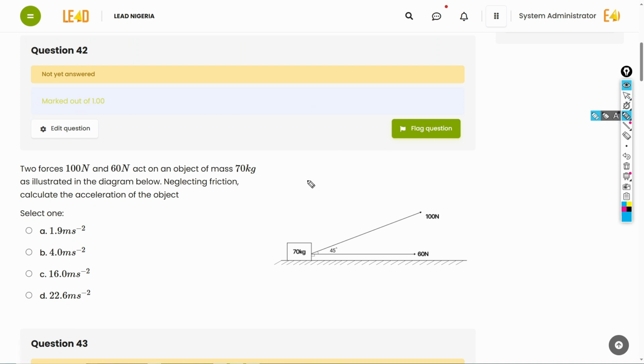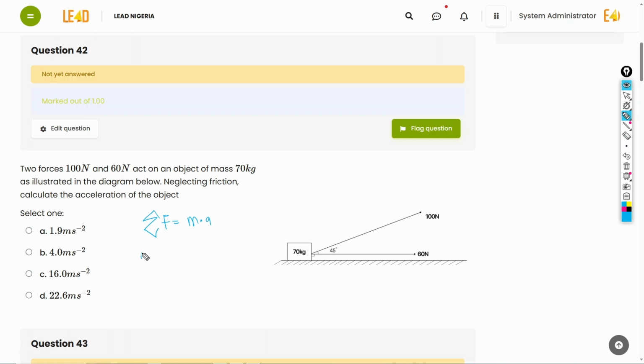Okay, two forces, 100 newtons and 60 newtons, act on an object of mass 70 kg, as illustrated in the diagram below. Neglecting friction, calculate the acceleration of the object. This is Newton's second law, which states that the summation of F, or net force, is equal to mass times acceleration.